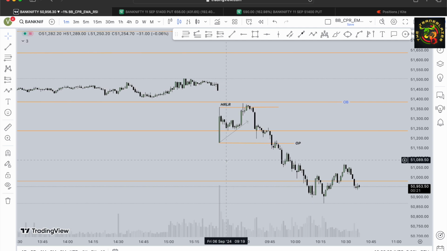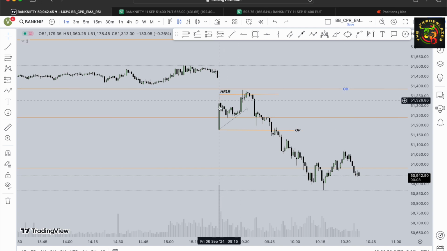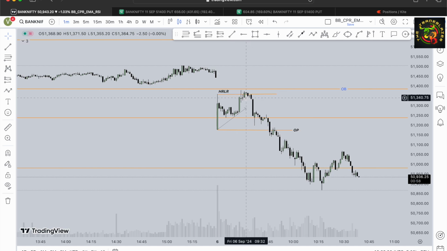Otherwise, we have a nice setup here as well. We have a higher time frame order block, which is very powerful and can act as a strong resistance. And then you can see there is a failure swing formed in the lower time frame, and then a high resistance liquidity run happened here, and the next time price is not able to make a new high, which indicates bearishness, right?